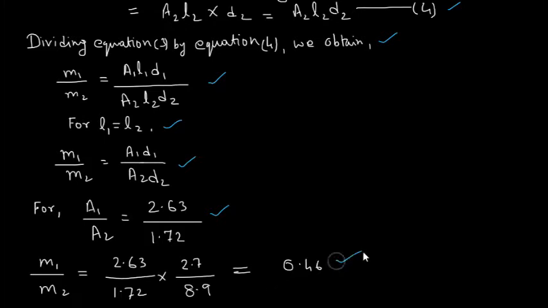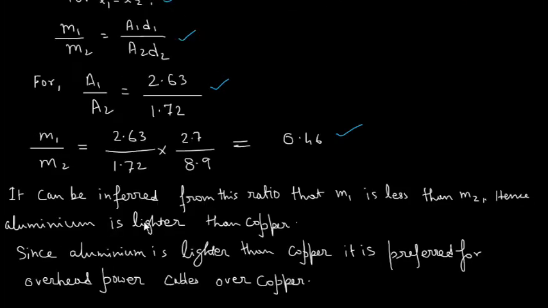We get the solution as 0.46. It can be inferred from this ratio that M1 is less than M2, hence aluminum is lighter than copper. Since aluminum is lighter than copper, it is preferred for overhead power cable over copper.